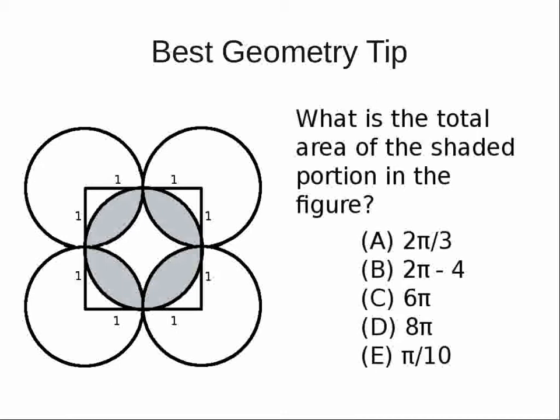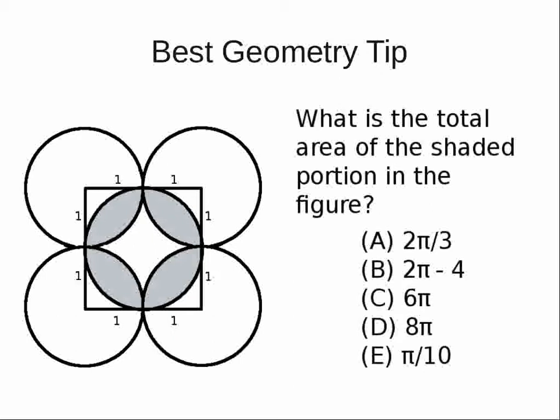When I ask students this question, students will typically tell me that it looks like the shaded region, the gray region, is about half the area of the square. So the square has an area of 4. The shaded region therefore has an area around 2. So we are going to eliminate choices that are nowhere even close to 2. You see how that works?